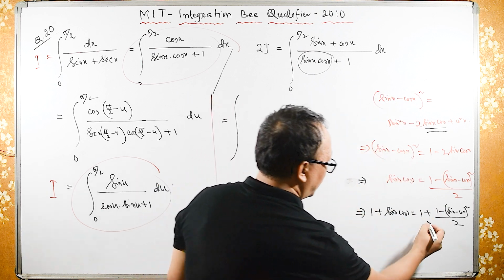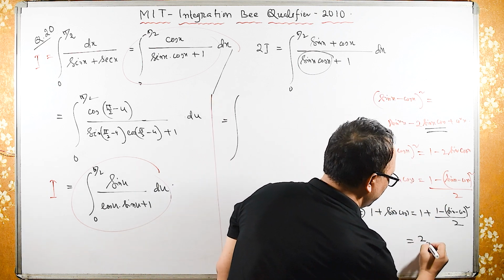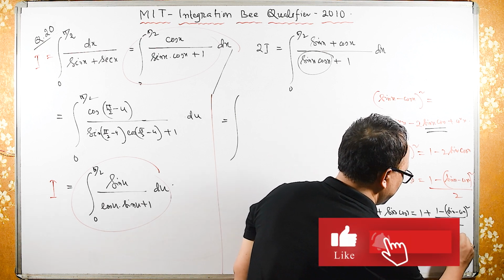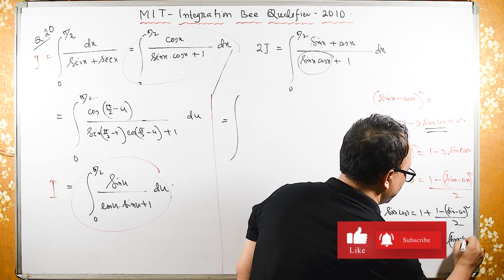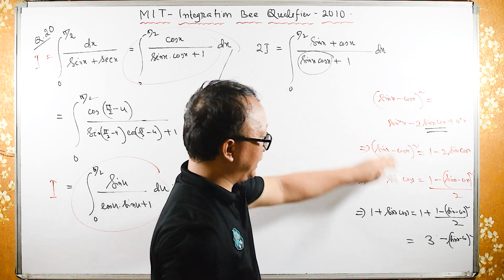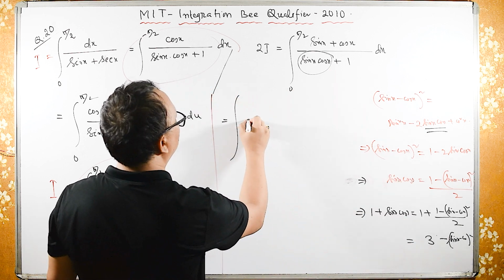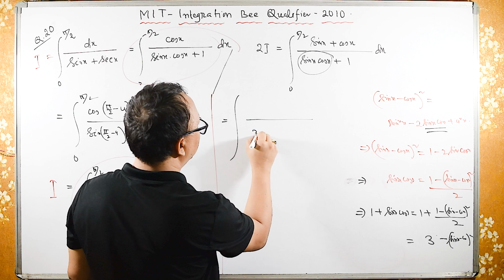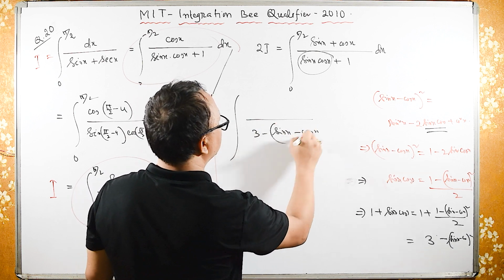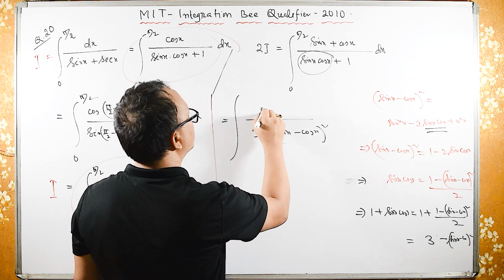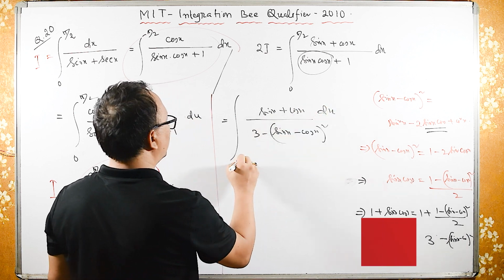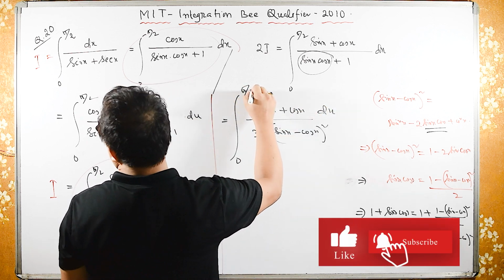Taking the LCM, 2 plus 1 minus sin x minus cos x the whole square, and 2 plus 1 is 3. So instead of this, I can write 3 minus sin x minus cos x the whole square, with sin x plus cos x into dx from 0 to pi by 2.